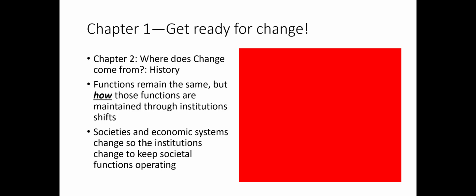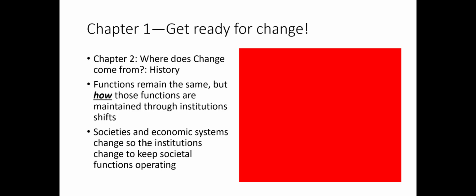That is a constant function that societies need, or else they fall apart. So how do those functions get done, though? That's what changes. Functions are maintained through institutions, like now we have schools and universities.